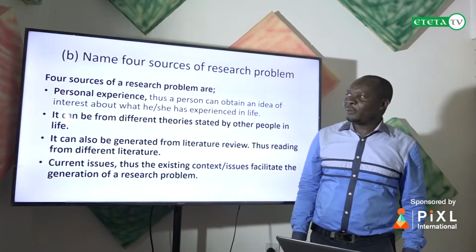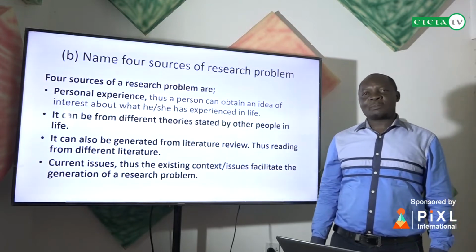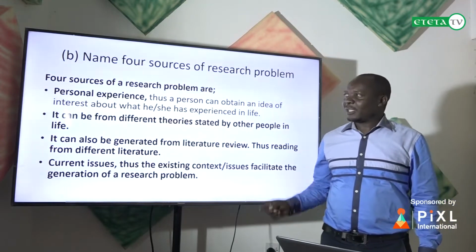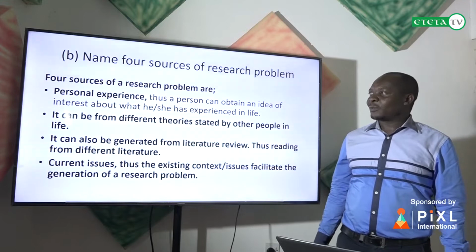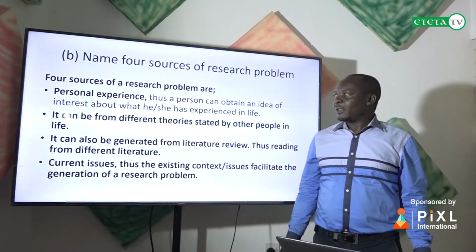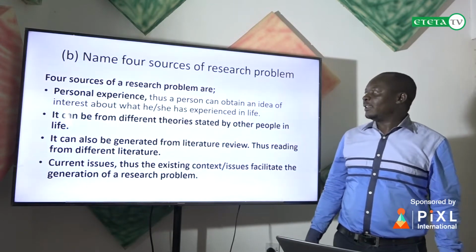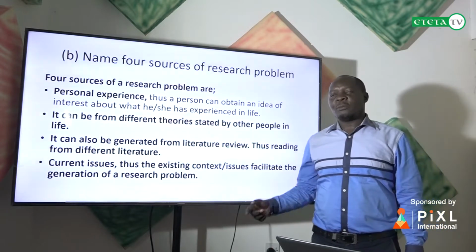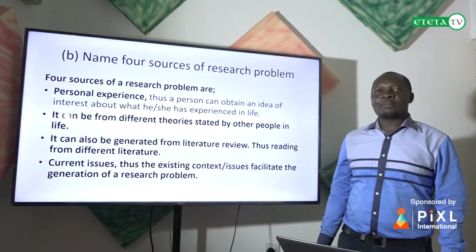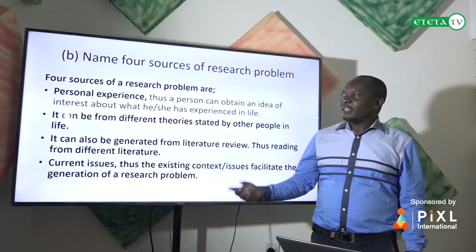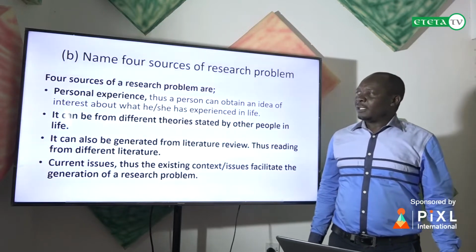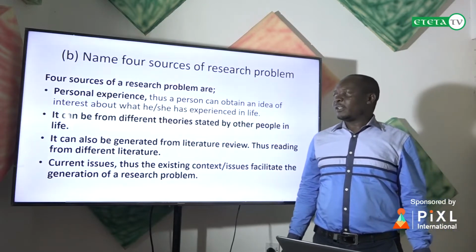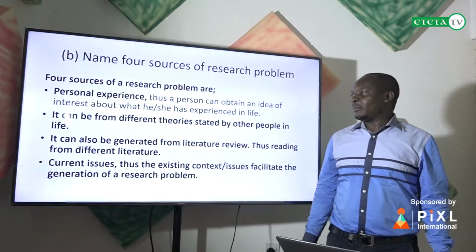Number 1, we have personal experience. Personal experience is one of the sources of a research problem. That is, a person can obtain ideas of interest from what he or she has experienced in life. Number 2, it can also come from different theories stated by other people.